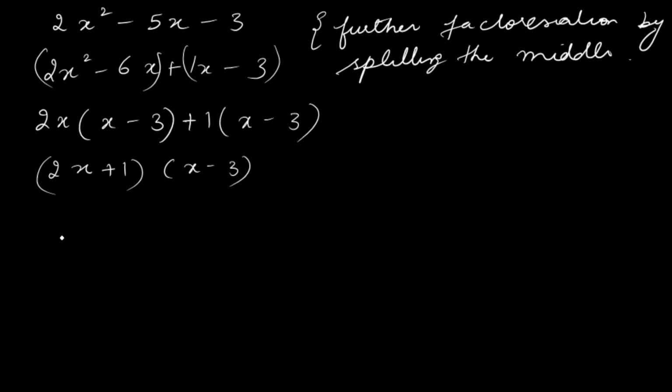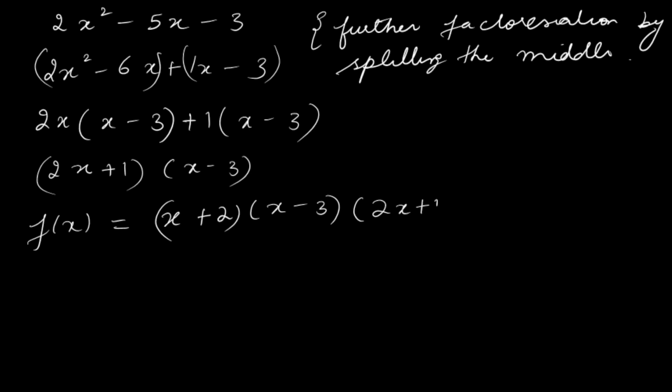So we can write, so two factors we have found. Now we can write f(x) is equal to, one factor was x plus 2. x plus 2 into x minus 3 into 2x plus 1.